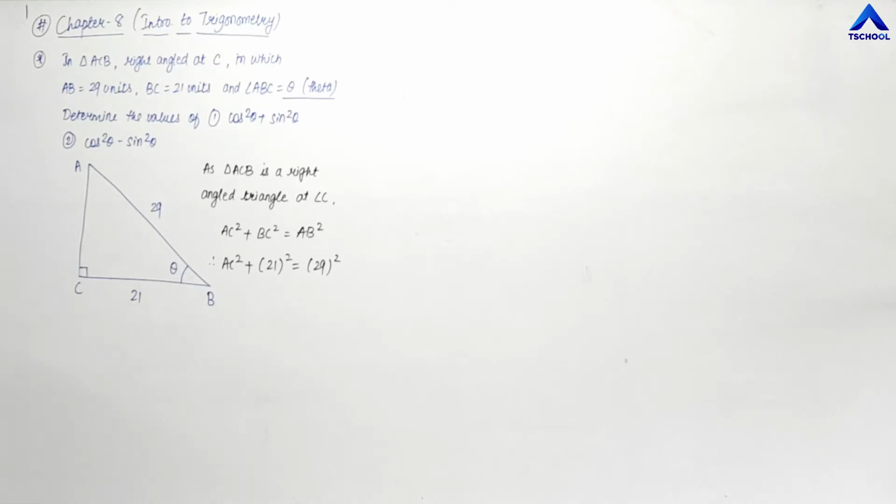So these three things are given to us here. Now we need to find the second one. What is the second one here? We need to find AC square. So first of all we need to find 29 square. What is 29 square?